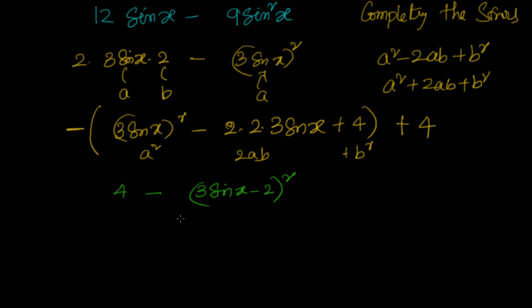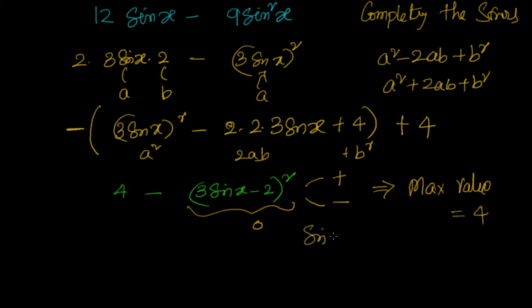Now what will be the maximum value? The maximum value of this expression occurs only when this value becomes 0. As I said earlier, if you take any other positive or negative value, you will be subtracting more value from 4. That means it will not be the maximum value. So 3 sin x minus 2 should be equal to 0 to have the max value, and the max value is nothing but equal to 4.